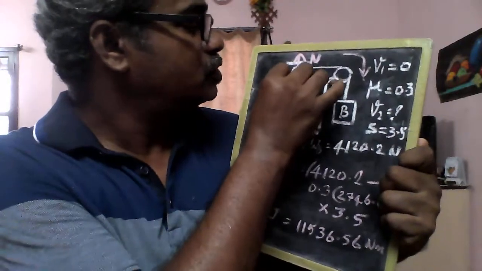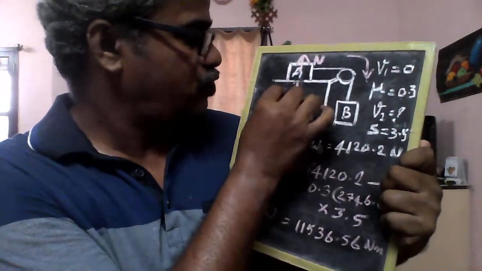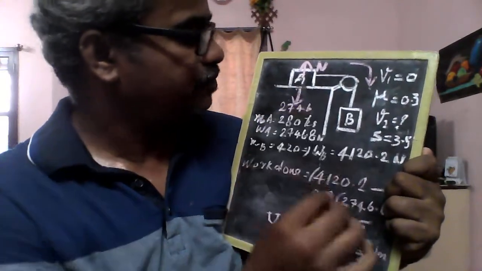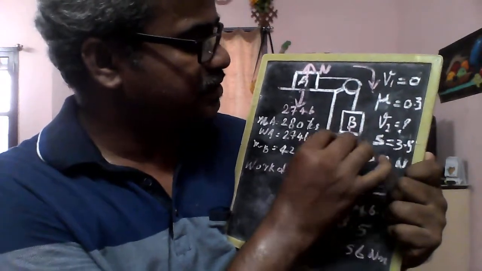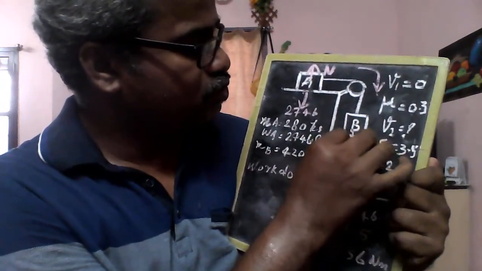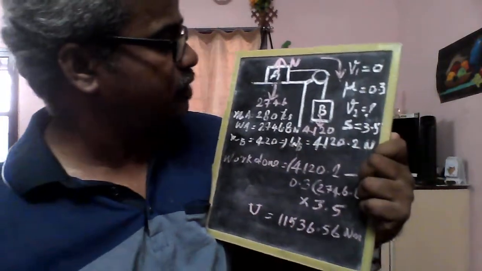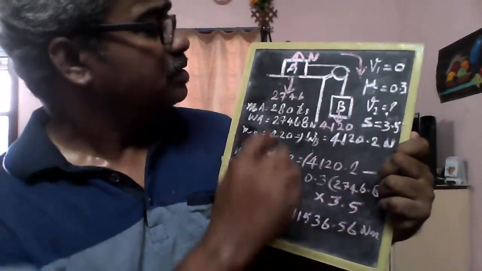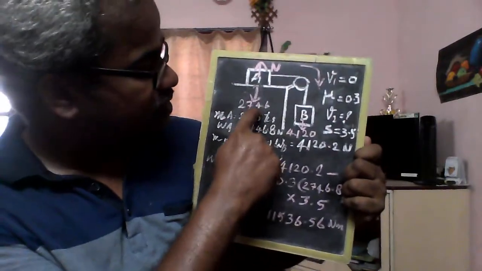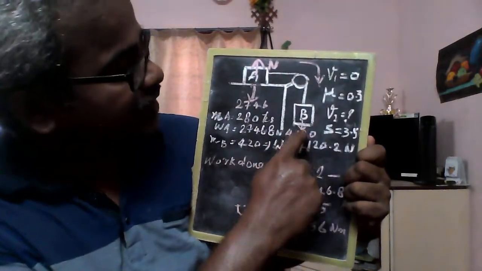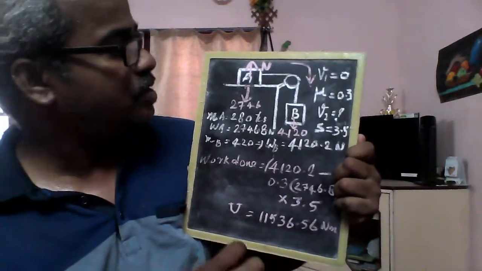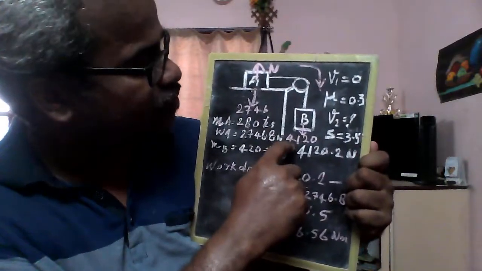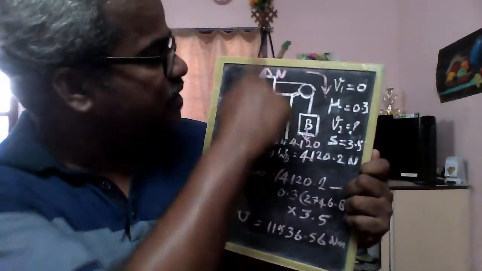The weight acting downward on A is 2746.8 N, and here B's weight is acting as 4120.2 N. This is the normal reaction and this is the weight acting on body A, and this is the weight acting on body B. Now, what is the force acting in the movement direction? I have a force acting in the movement direction. This is the normal direction to the movement.